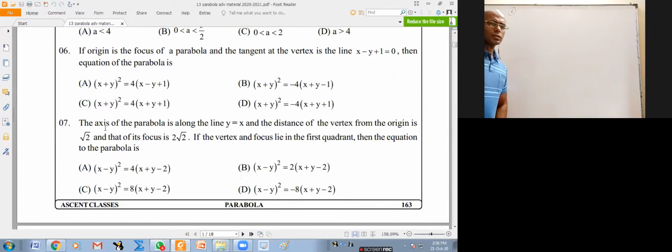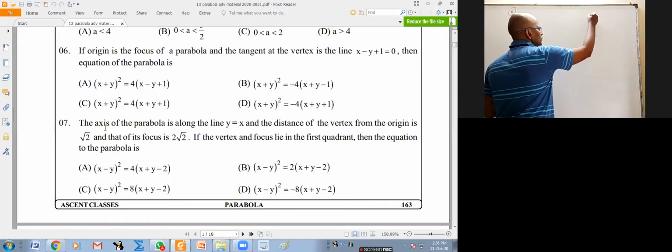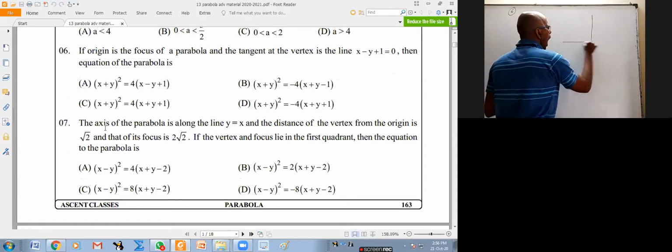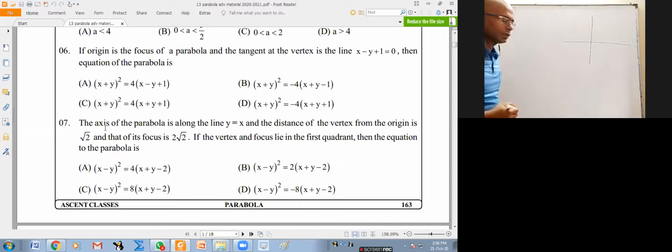Origin is the focus, and the tangent at vertex is x minus y plus 1 equal to 0. X intercept minus 1 and y intercept 1.